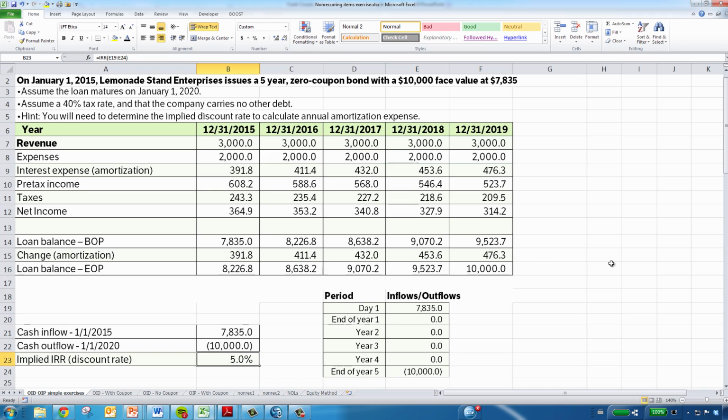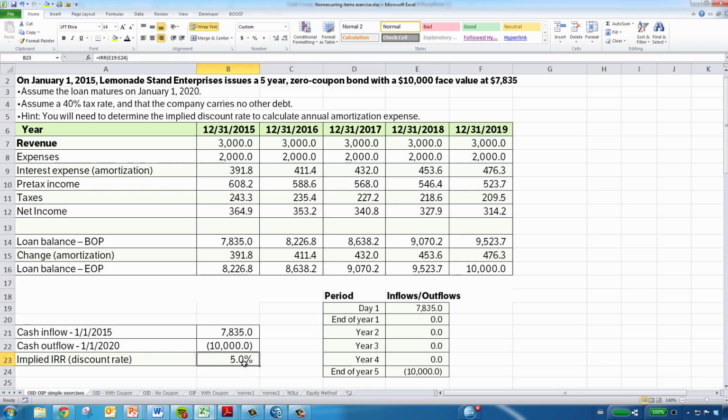If we input the following IRR calculation, these are the 5 cash flows. It's just a series of inflows and outflows, and that gets us to an IRR of slightly above 5%. We can round down to just 5%. Now, with that in hand, this becomes a more straightforward exercise.